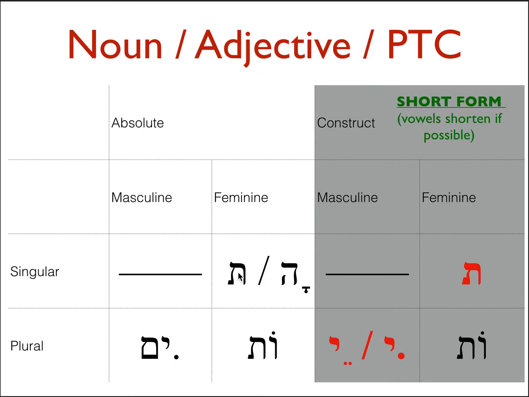T is already short, so it will remain the same. A is too long, and therefore it'll go to t as well. Therefore, feminine singular in construct is always t. Feminine plural, ot. We have a short t stop sound, and therefore there will be no change because you cannot shorten that anymore.